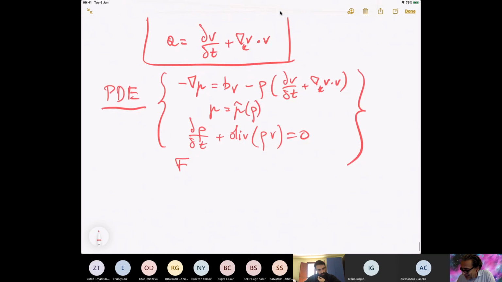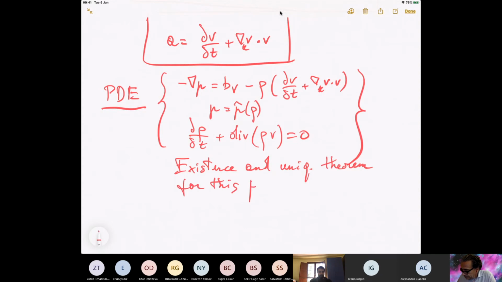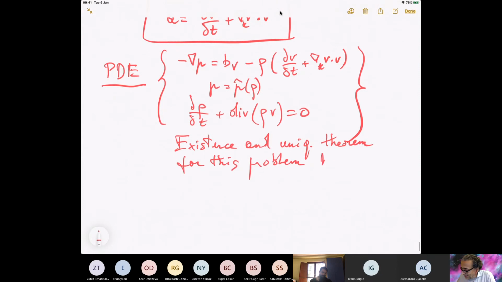The existence and uniqueness theorem for this problem has been formulated by the Italian school.